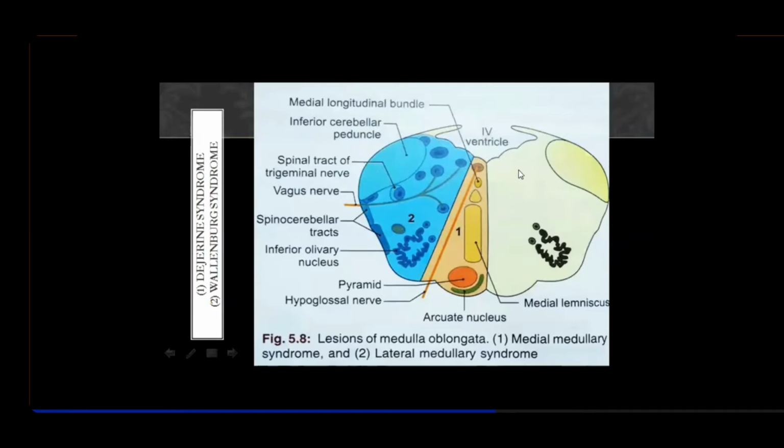Important point: the position of the posterior spinal arteries will now be occupied by the posterior inferior cerebellar artery. Remember, in the spinal cord the blood supply is three: the anterior spinal artery and two posterior spinal arteries. The anterior spinal artery covers the anterior 2/3, and the posterior spinal artery covers only the posterior 1/3 of the spinal cord.